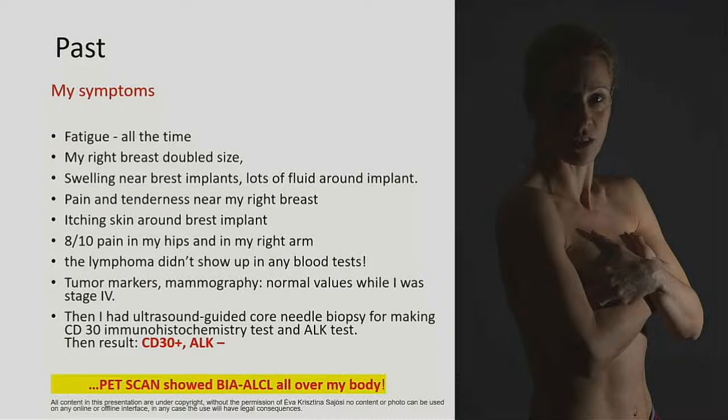So they did it, for the CD30 immunohistochemistry test and the ALK test. It came back CD30 positive, ALK negative, and together with the PET scan, they realized that it was BIA-ALCL all over my body. So that was the time when I had urgent surgery and chemotherapy.